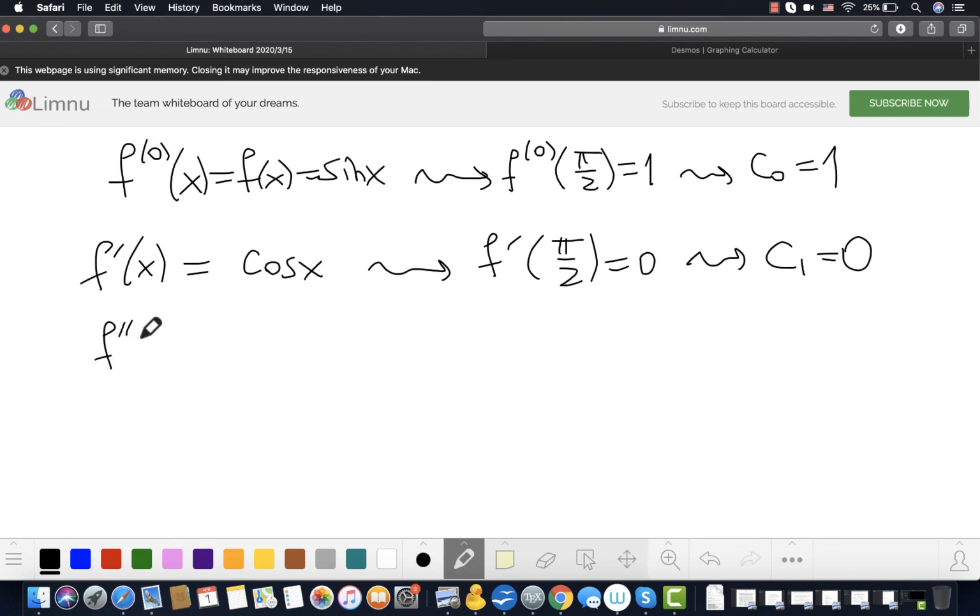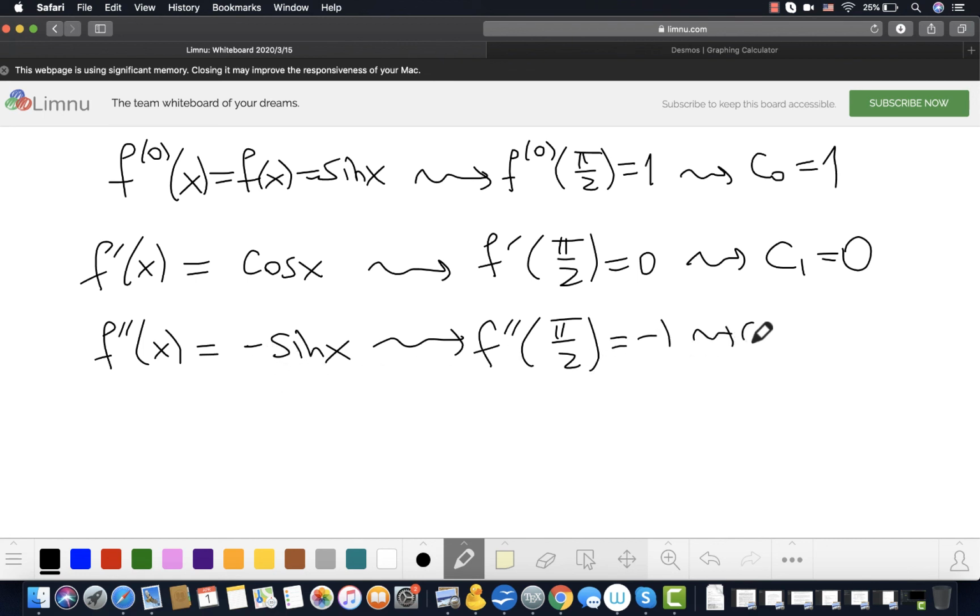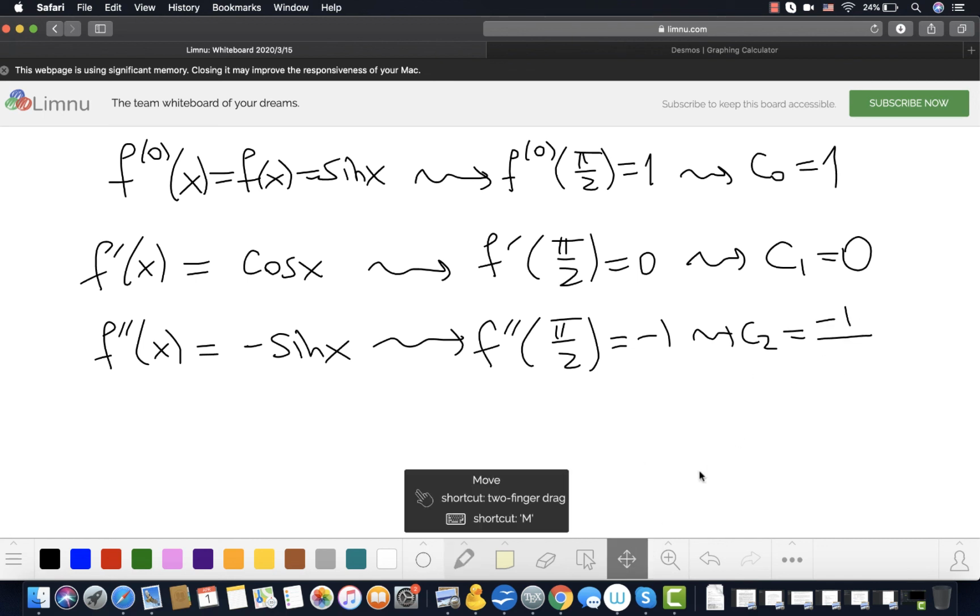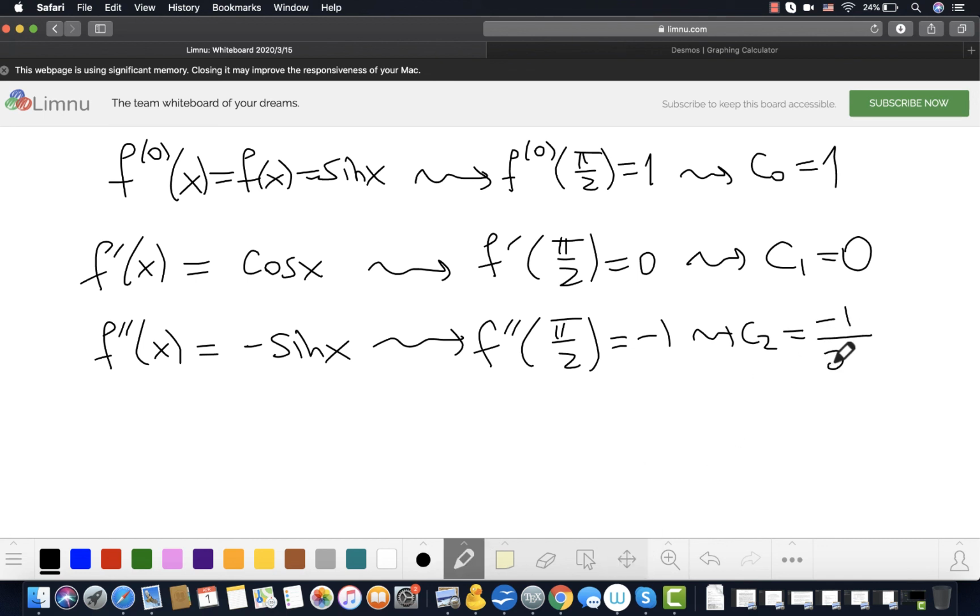The second derivative, the derivative of cosine, is minus sine x. If you evaluate the second derivative at pi over 2, sine pi over 2 is 1, but it's minus sine, so you get minus 1, which means c sub 2 is minus 1 divided by 2 factorial, which becomes negative 1/2.